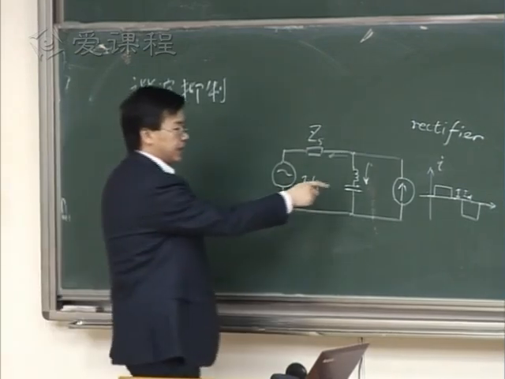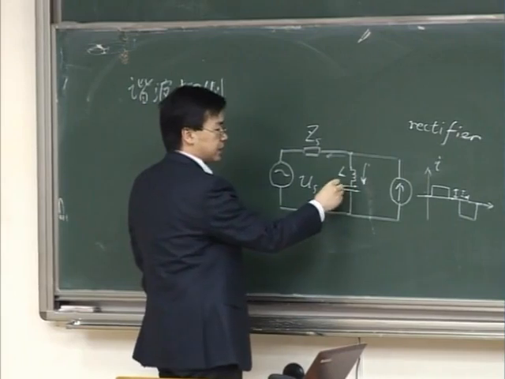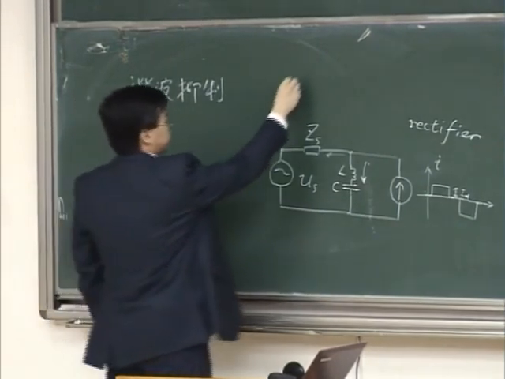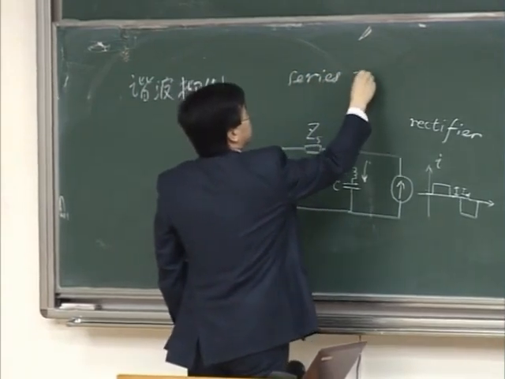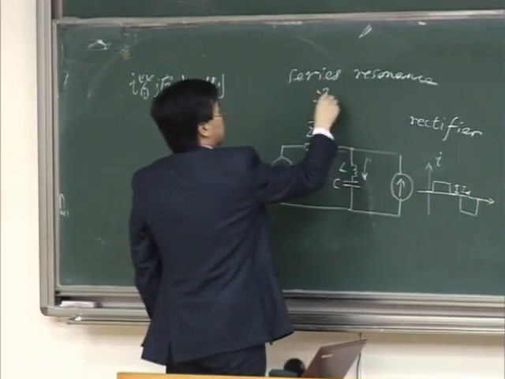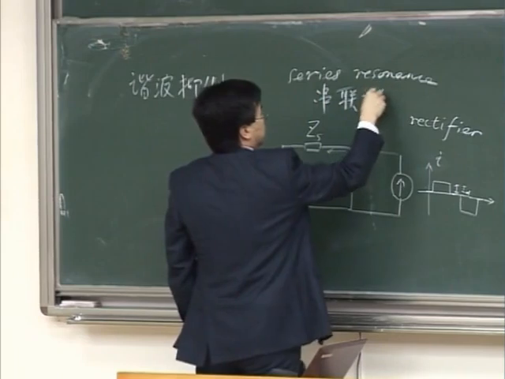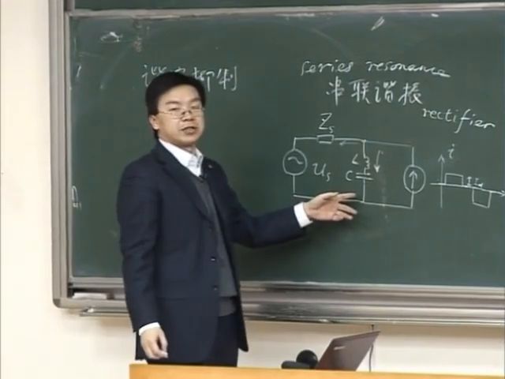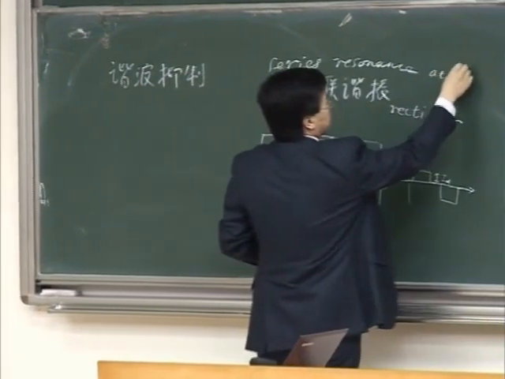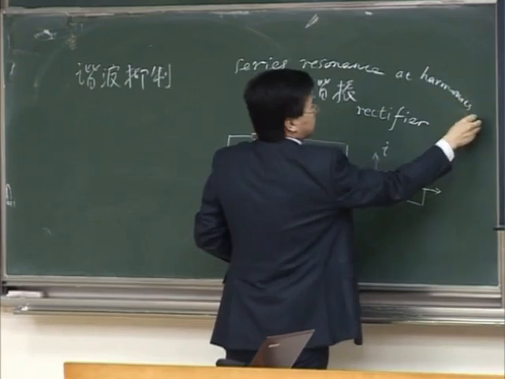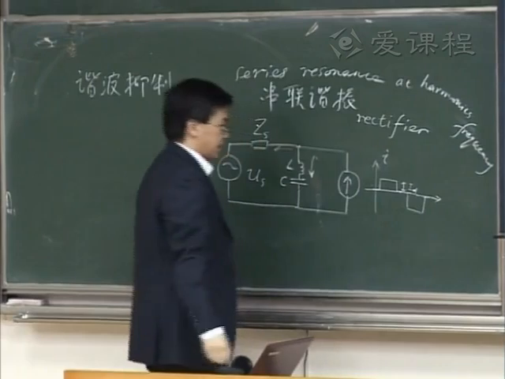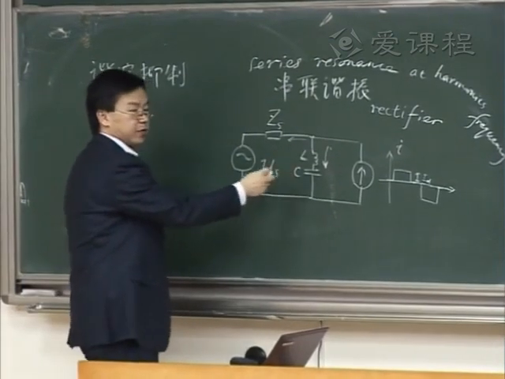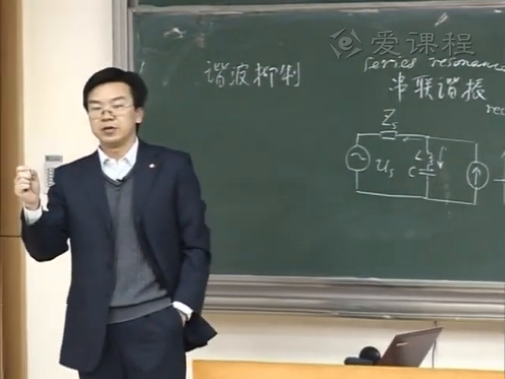As long as I set the value of this filter inductor and the capacitor so that these two are in series resonance at the harmonics frequency, then this LC filter branch total impedance will be very small.